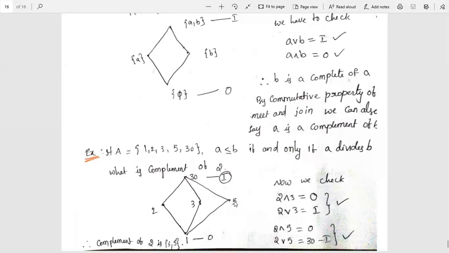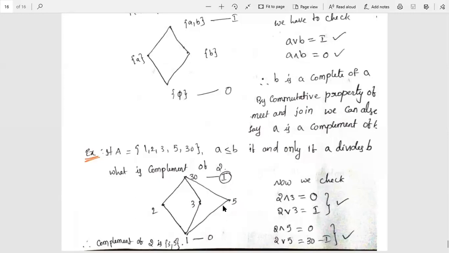Now we check the properties for pairs containing the element 2. The question is what is the complement of 2? We consider the pair 2, 3. 2 meet 3, the greatest lower bound, is the least element, equal to 0. Yes, it is satisfied. And 2 join 3 is the greatest element. Yes, it satisfies the condition.